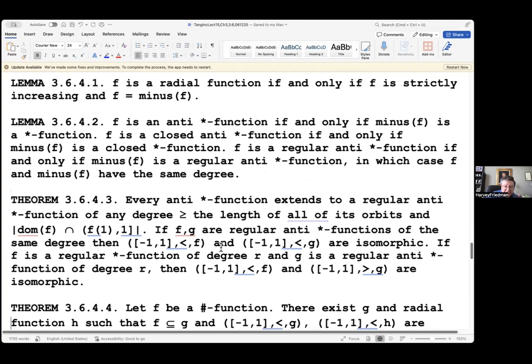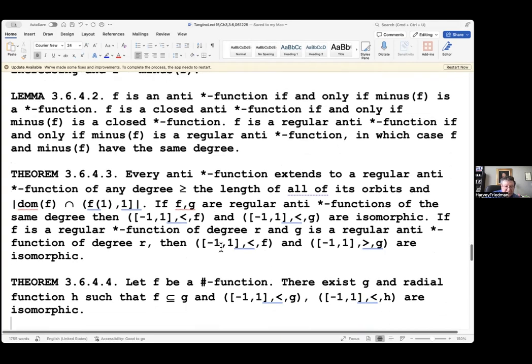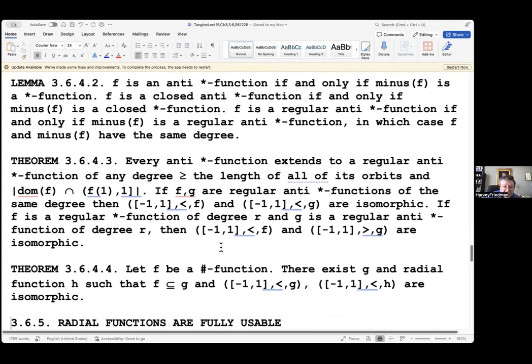Now, we have the same result for anti-star functions that we had before. They all extend to regular ones of any degree greater or equal to the length of all of its orbits and the cardinality of the start of these orbits. If f and g are regular anti-star functions of the same degree, then the functions, so to speak, are isomorphic.